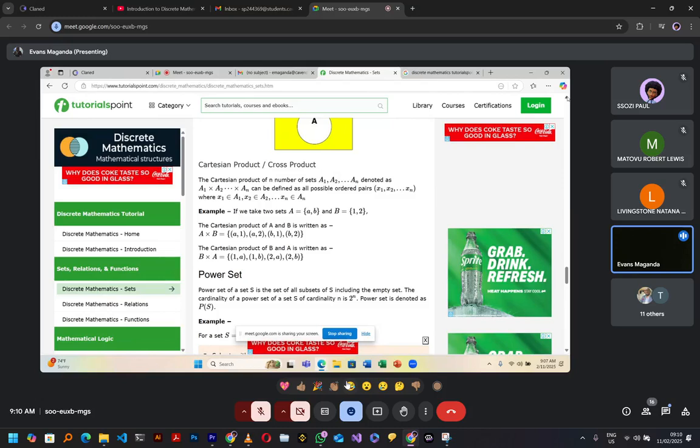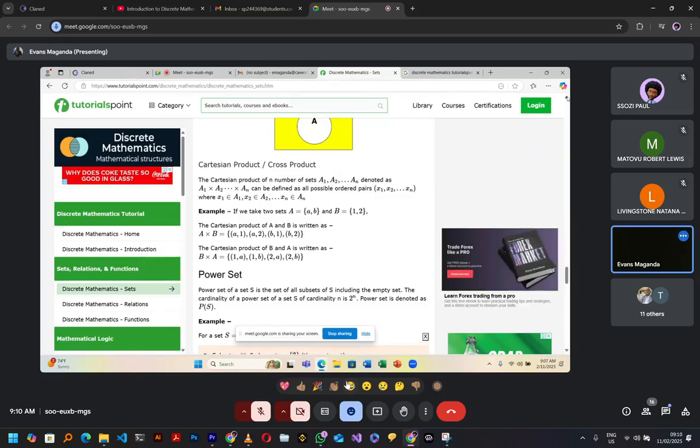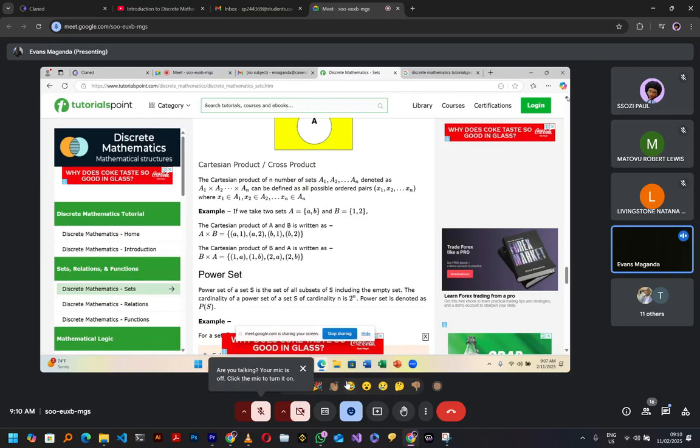What would be a good example? You have pricing of items, then the other one you have a different type of items. Mangoes, carrots, onions.